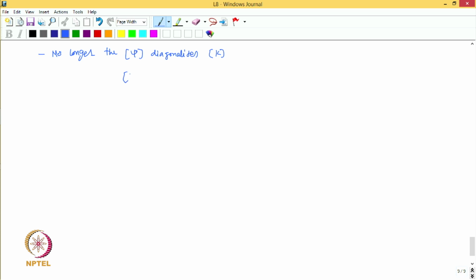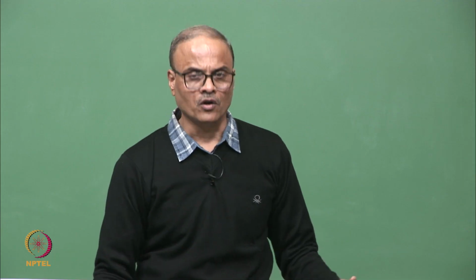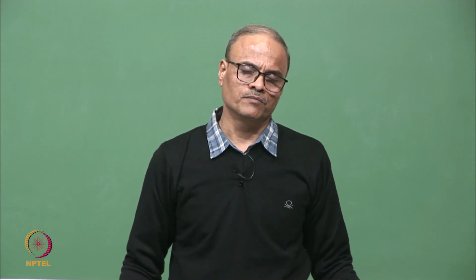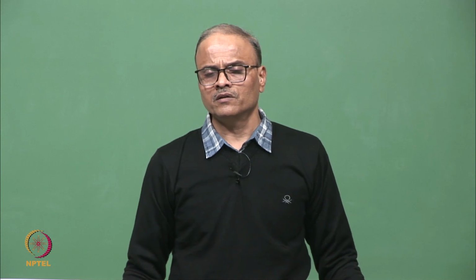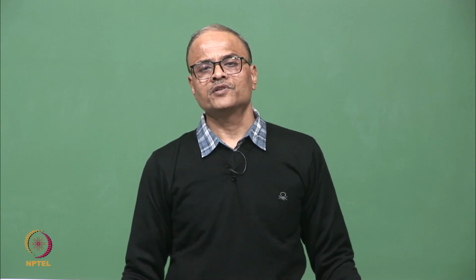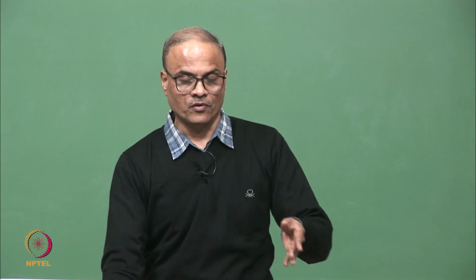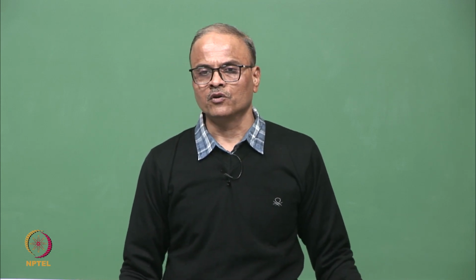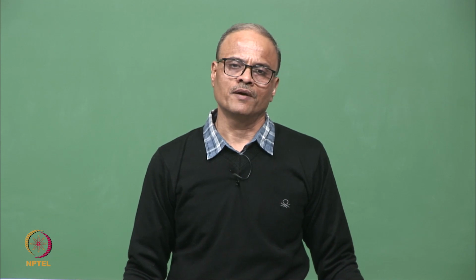So, no longer is psi transpose k psi diagonal, it is not diagonal, right, which indicates that the modes we have got are no longer the same as the modes of the undamped model. Another of course obvious reason is that for an undamped system the modes are always real, but here the modes being complex they cannot be the modes of the undamped system.